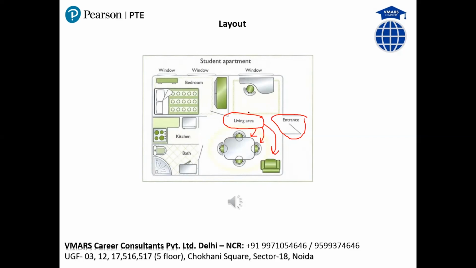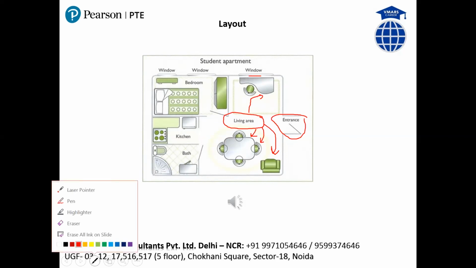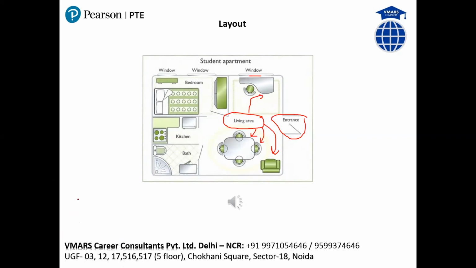And then there is one more room जिसमें table है, chair है और यहाँ पे window है. ठीक, I am going very slow, but इतना slow, you need to be really fast, but again practice करनी पड़ेगी. And then there is a bedroom, kitchen, bath. So you can simply say that the layout also shows the space allocation. एक word use करते हैं हम, space allocation of living area, bedroom, kitchen and bath.